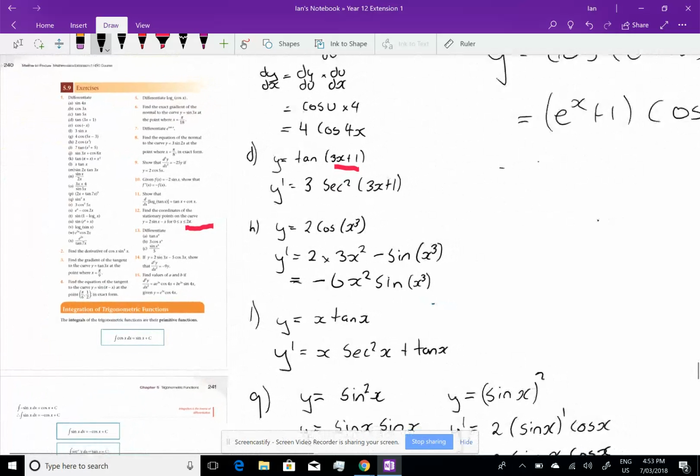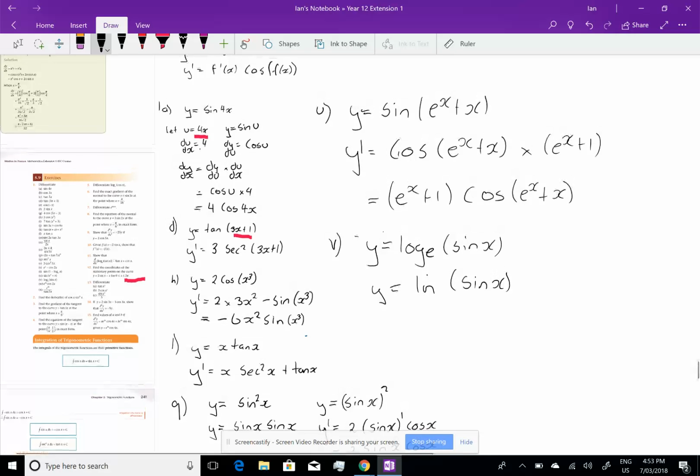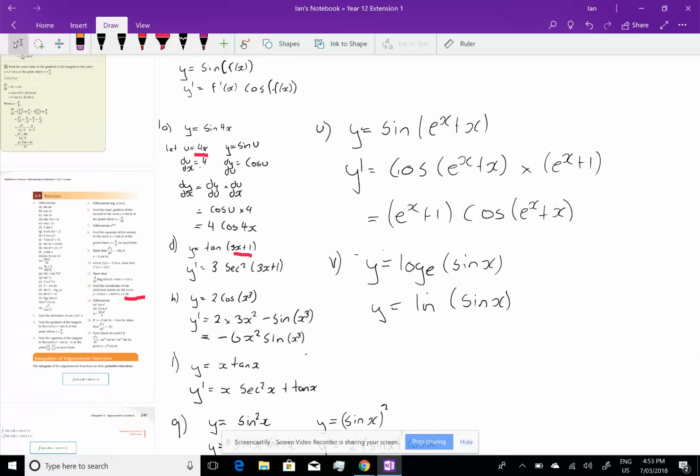What do we got? V. I've got y equals log to the base e of sine x. Well, I like to write that as y equals ln sine x. And remember, if you use substitution and you let u equal sine x, you get ln u.